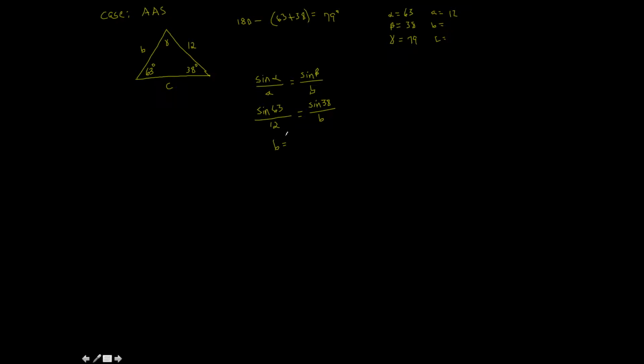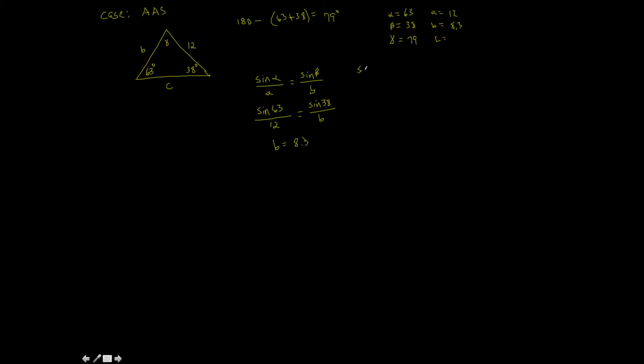And if you do, because we have two significant digits on these, I'm going to round this to 8.3 for B. Alright, so we found B.